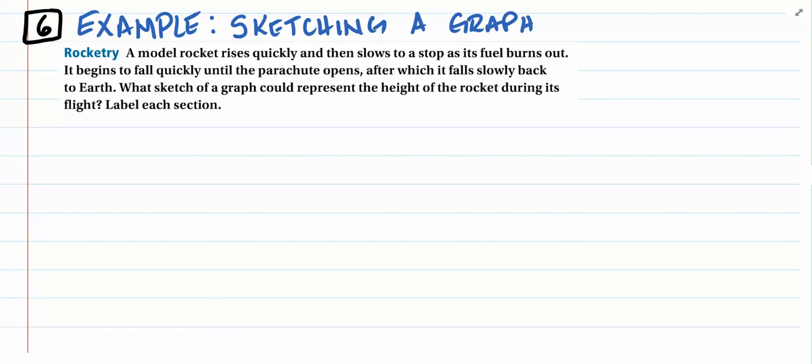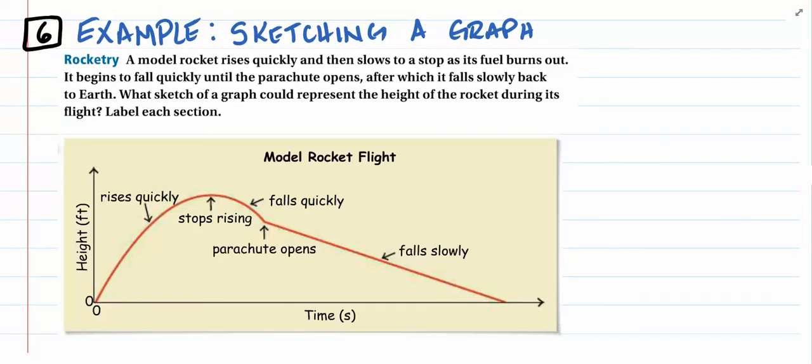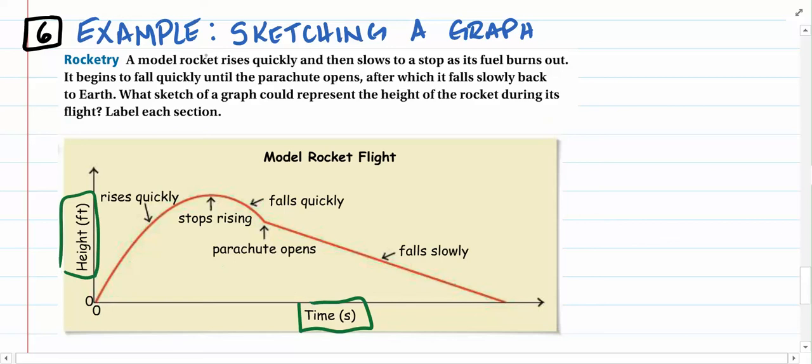Okay, hopefully you have a pretty good sketch. Take a look at this sketch. Well, this is actually a really good picture, but we'll just pretend it's my sketch. So the variables that I am comparing are time versus the height of the rocket. It says that the model rocket rises quickly. So this is representing the rising quickly part until it slows to a stop, meaning that the fuel has run out and it can't rise anymore.